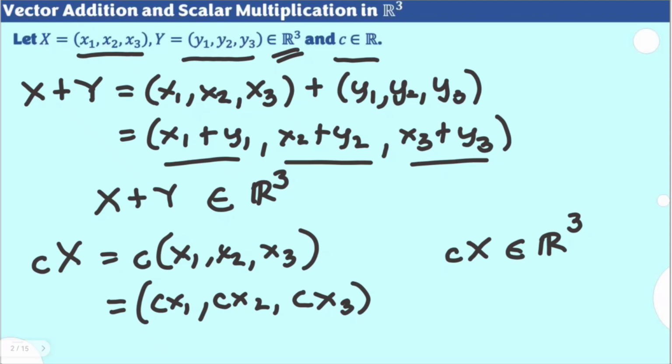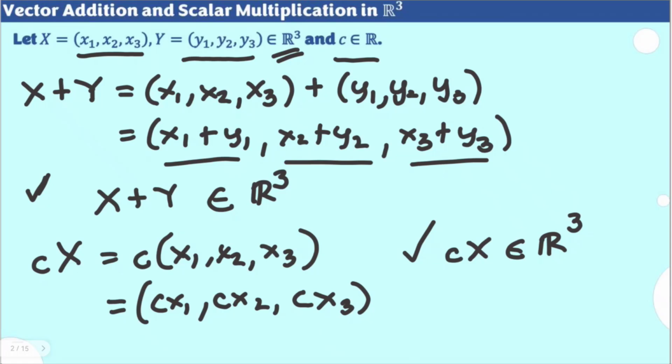These two are actually the first conditions in order for us to identify whether R3 is a vector space or not. There are 10 axioms for a certain space to be called a vector space, and two of them are the closure property for vector addition, and whether it is also closed under scalar multiplication.